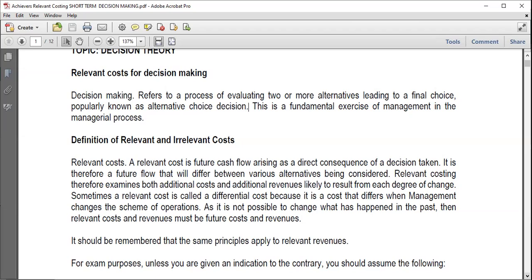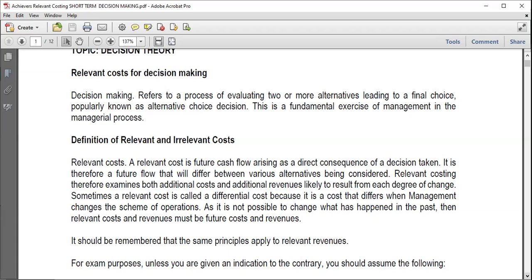Most of them are history, for example, sunk costs. Maybe they could be costs that you already incurred before you came to that point of time where you're going to make the decision. So we have to know that a relevant cost is a future cash flow that arises as a direct consequence of the decision to be taken, or the decision taken. You get it?